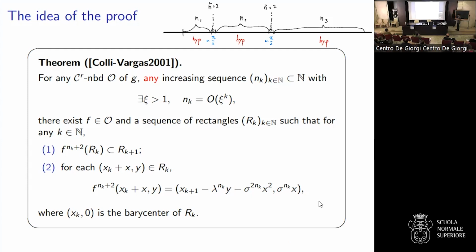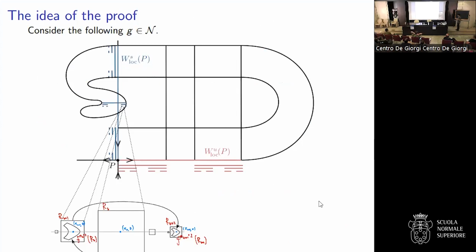Okay, maybe a picture is better. So you can make a rectangle, a little bit small rectangle, and this will travel along this hyperbolic region. After n1 time, it comes into this neighborhood, and after 2 times, it comes into here. So the image is inside R_{k+1}, and R_{k+1} can travel with time n2, and so on.